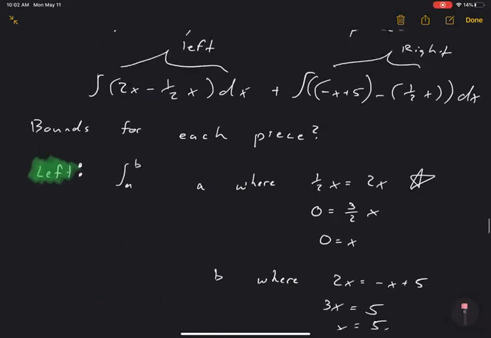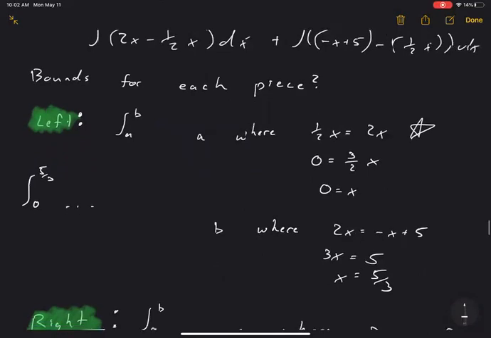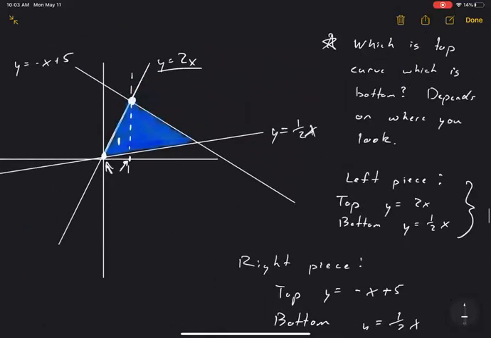Okay, so my left integral, the integral that's going to give me the area of the left region, should be 0 to 5/3, blah, blah, blah. What about the integral for the right piece? Well, where's it going to start? It's going to start at this same x value, right? 5/3.